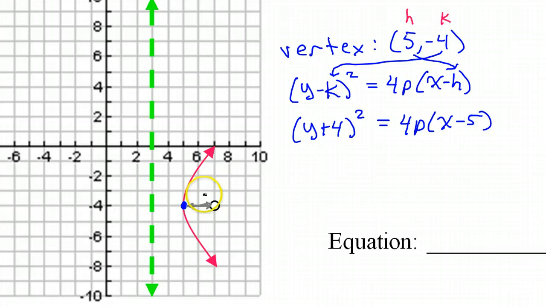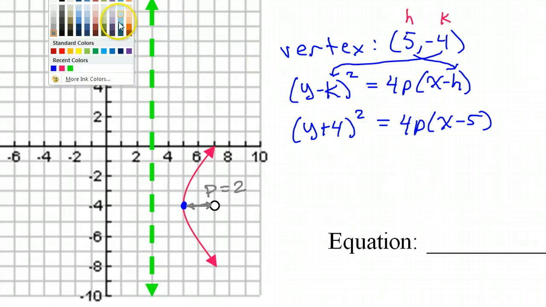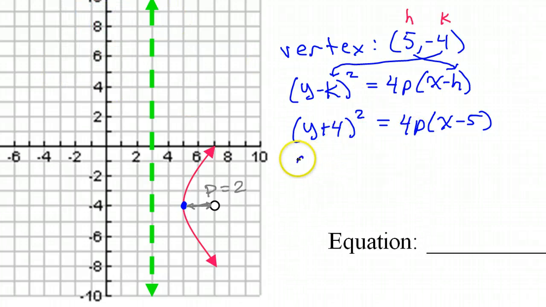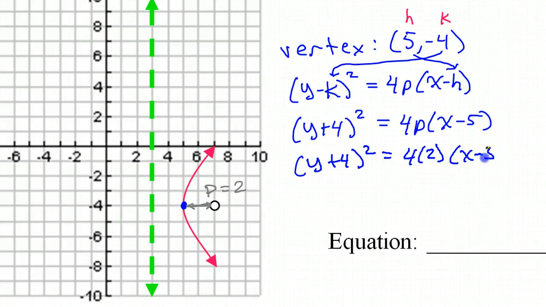Okay, so this tells us that the p-value is 2. By the way, it's positive 2 because it's going to the right. If it were going to the left or down, it would be negative. So anyway, we know that the p-value is 2. So that makes this become y plus 4 squared equals 4 times 2 times x minus 5.